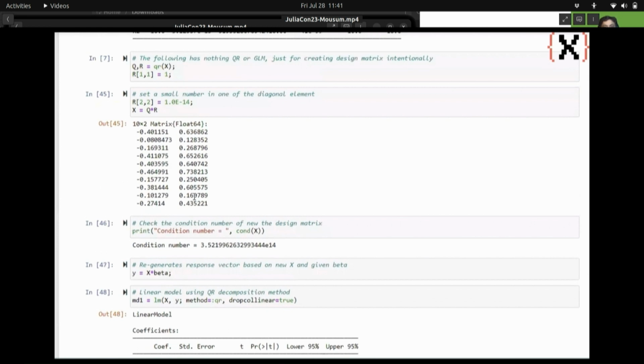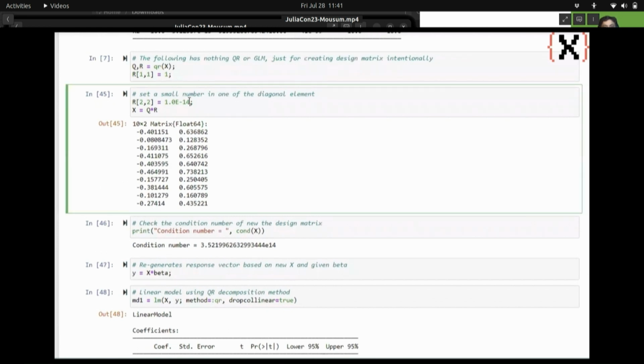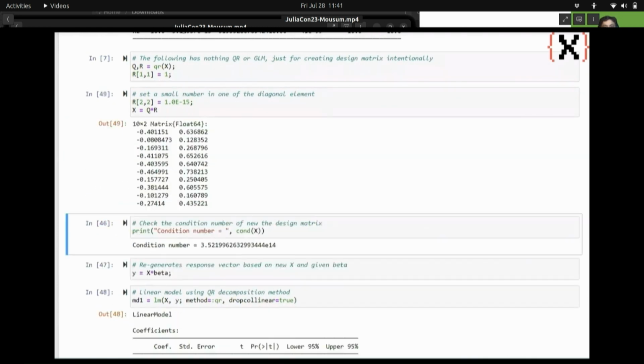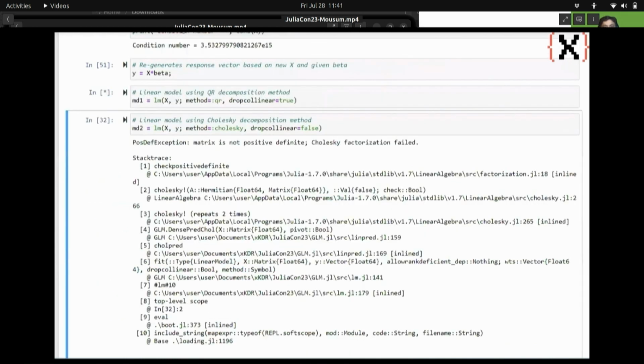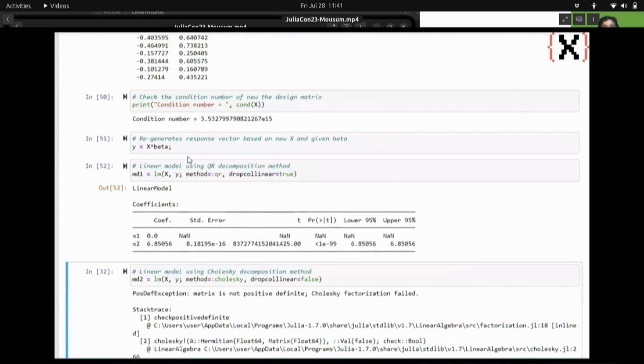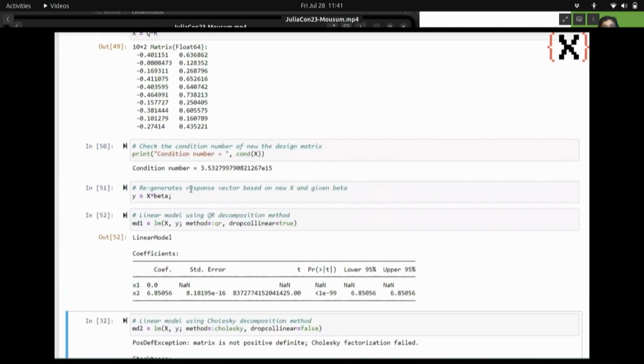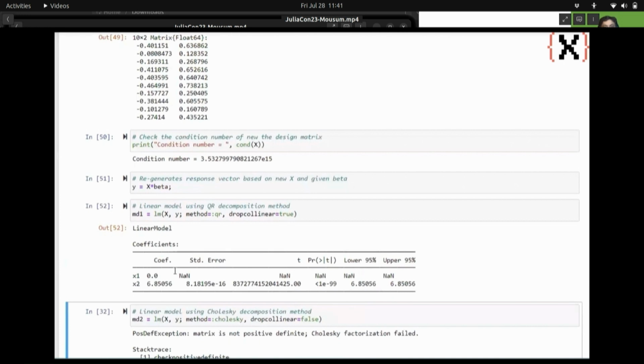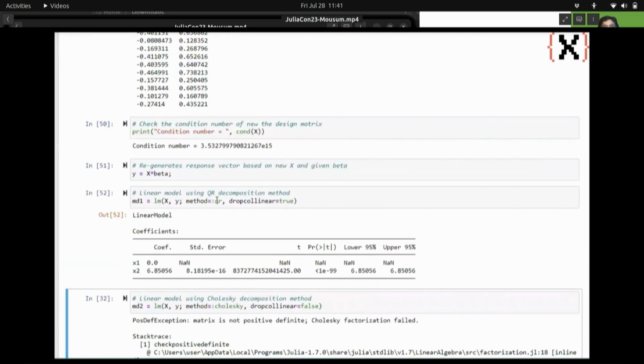And now let's try to increase the condition number. Now the condition number is greater than 10 to the power 15, and the QR decomposition method also detects multicollinearity in the singular matrix.